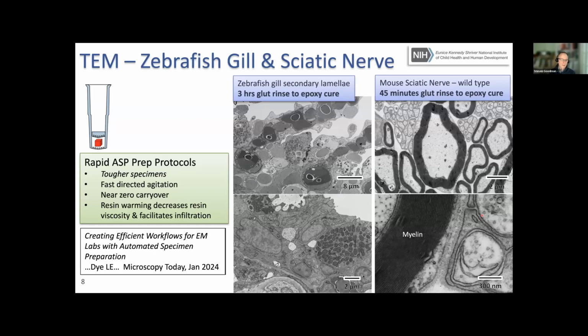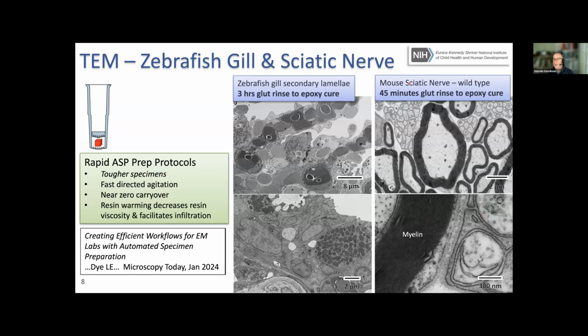In this case, this is Chip Dye's laboratory, Louis Dye's laboratory at NIH. And I want to illustrate that he was able to achieve complete infiltration of myelin in a 45-minute preparation with the ASP.